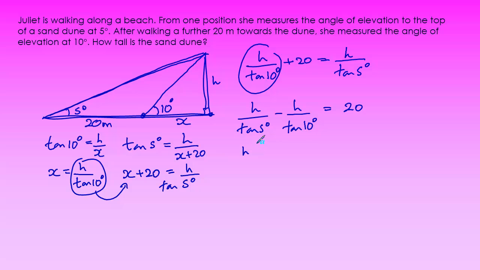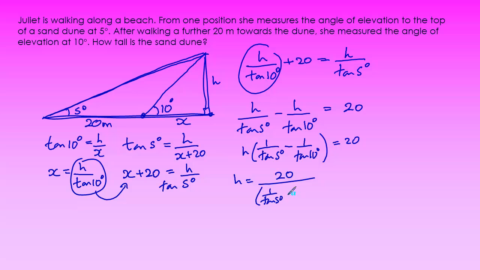Factorize here, h into 1 over tan 5 degrees, take away 1 over tan 10 degrees, is equal to 20, and therefore h would be equal to 20 divided by 1 over tan 5 degrees, take 1 over tan 10 degrees. And all we need to do is calculate that.